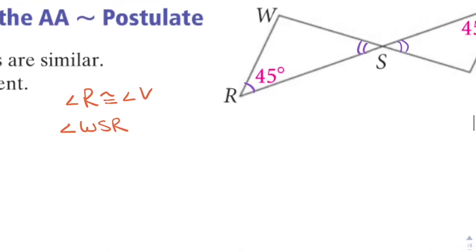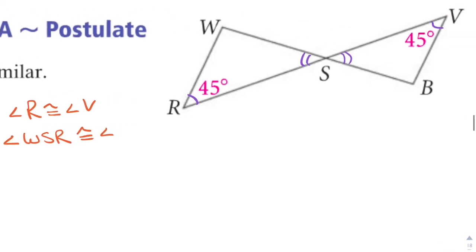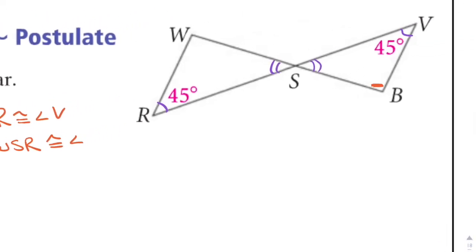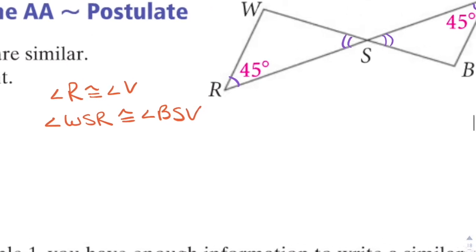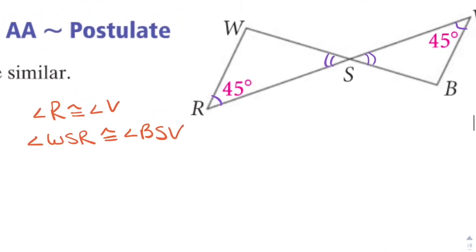Notice I'm starting at where there's nothing, and I'm wrapping around and ending at 45. So I'm going to do the same thing on the other side. I'm going to start at nothing, angle B here. So angle BSV. So we have 2 congruent angles.